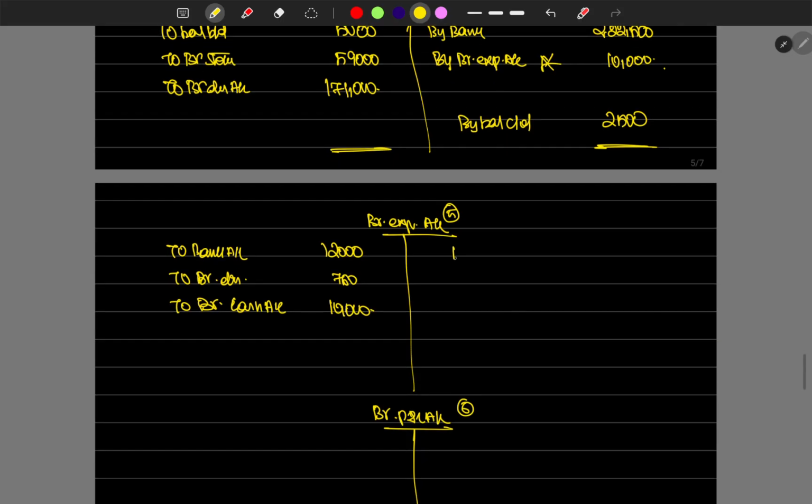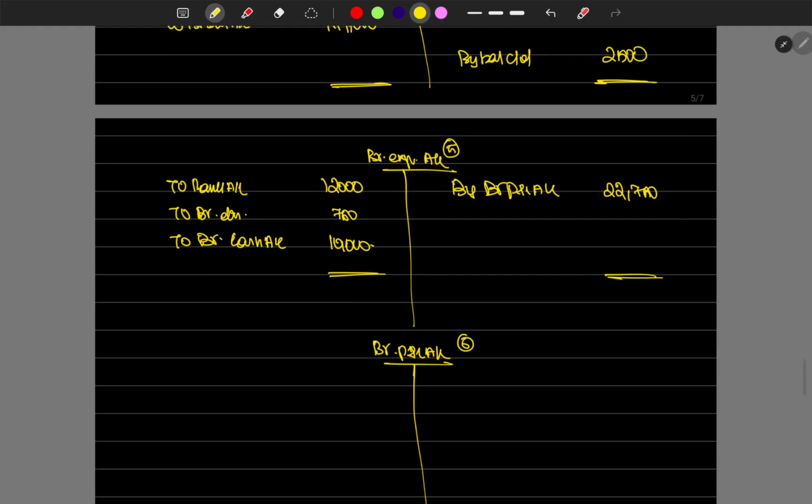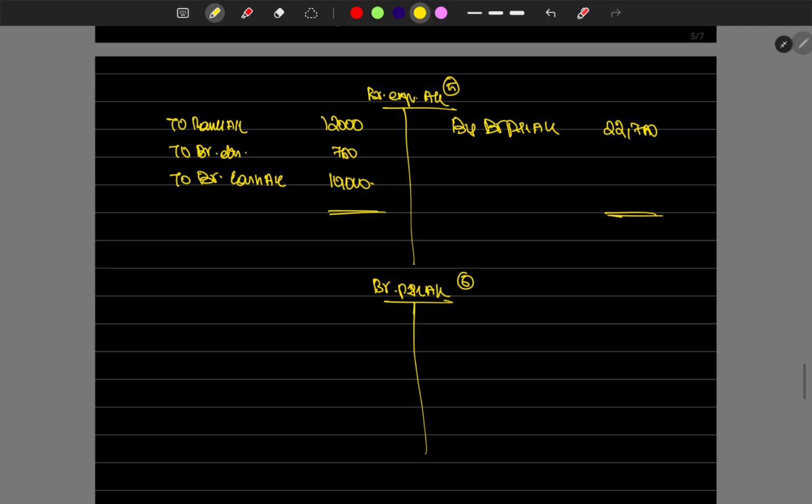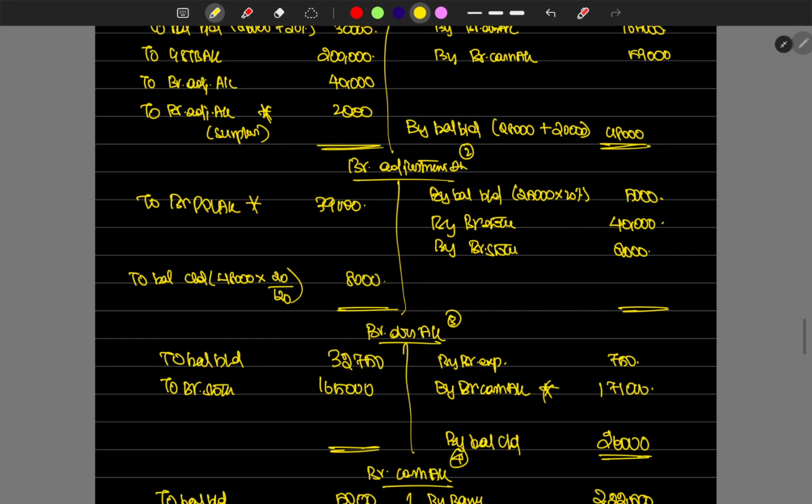We can close the branch expenses account also by branch P&L account, which is 12,000 plus 750 plus 10,000, which is 22,750. Okay, now to branch expenses account, which is 22,750. What's the branch gross profit? This will be available under branch stock account, which is branch adjustment account, right?